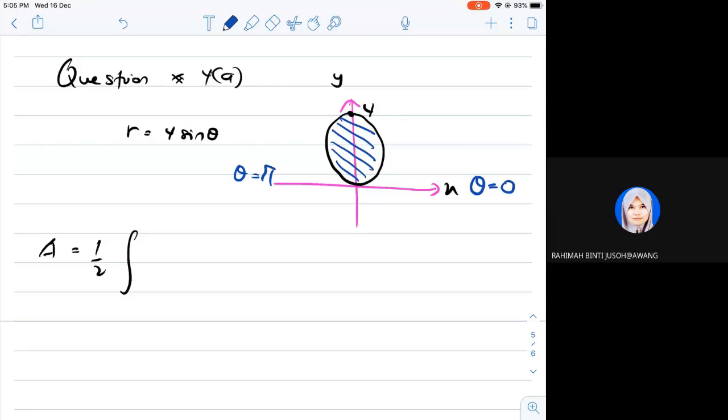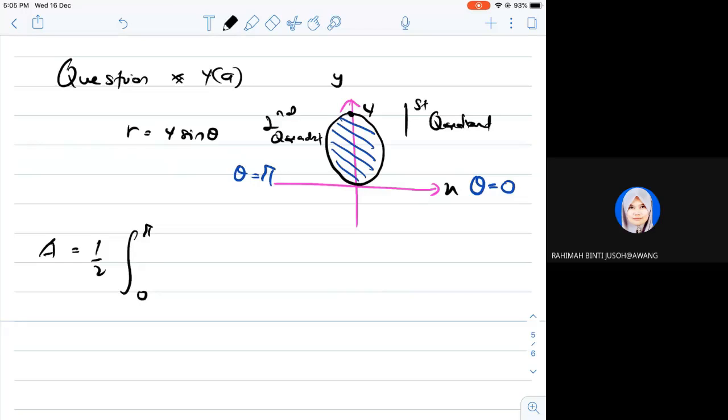So we consider the angle from 0 until pi, because the graph is located above the x-axis, only in the first quadrant and second quadrant. So that's why we consider from 0 until pi.